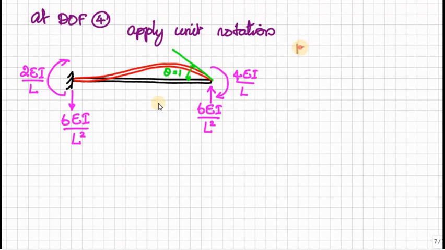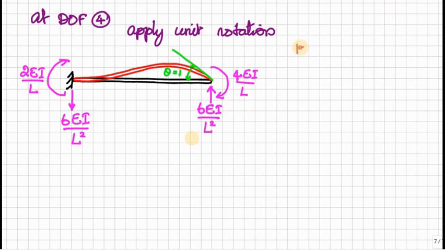So in order to keep the structure in equilibrium condition, reactions are produced. Here 6EI/L² in a vertically upward direction. In the fixed end, we have 6EI/L² in the vertically downward direction.